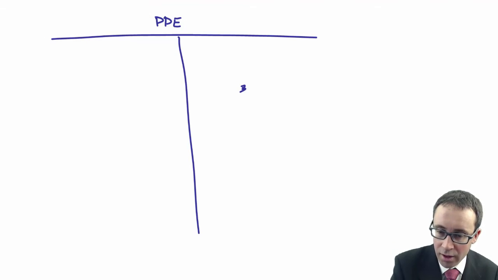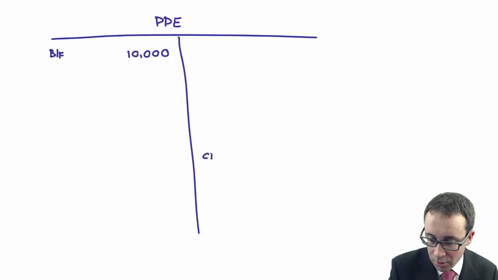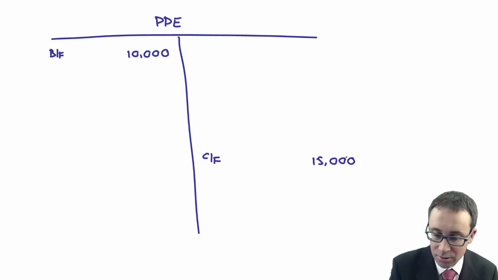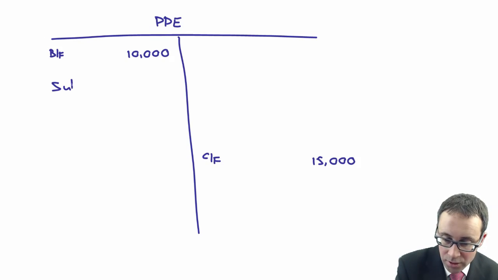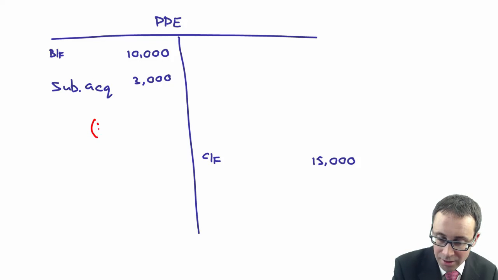But what you've got there is your opening figure of 10,000. We've said that the closing figure is 15,000. We've got the acquisition of a sub during the year of 3,000 that we then consolidated. So that balancing figure is 2,000.